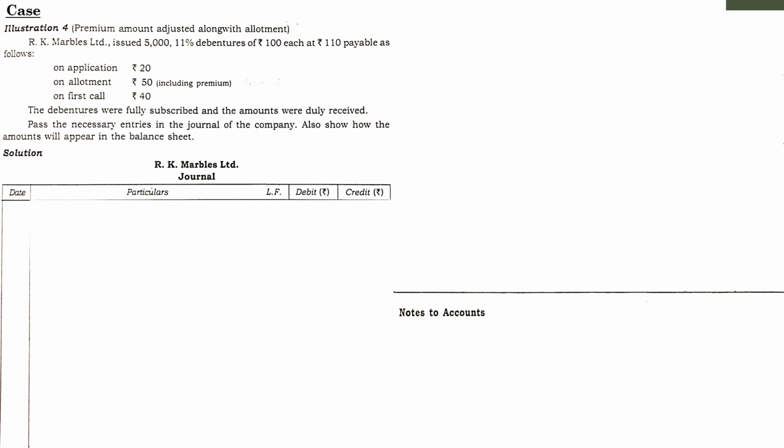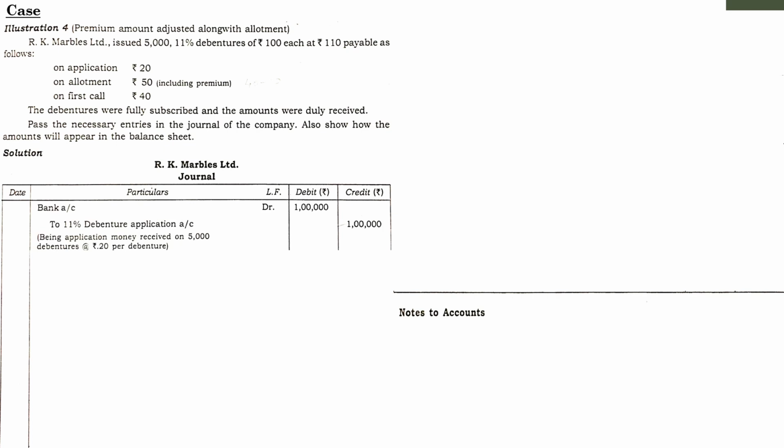So first of all, let us deal with the preparation of journal entries. After that we will discuss the balance sheet. It is almost the same pattern which you have learned in the case of issue of shares. In the case of debentures, first one, the payment entry, bank account debtor to 11% debenture application account. Here the total number of debentures was 5,000. 5,000 into application 20, you will get 1 lakh.